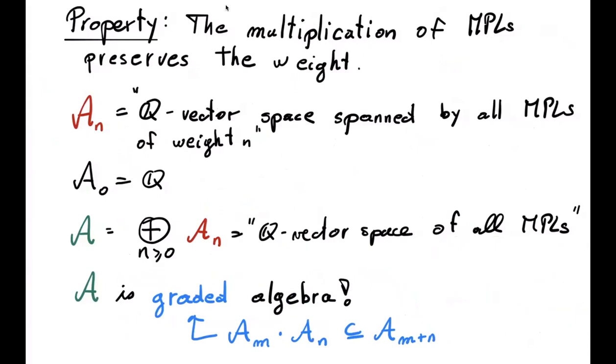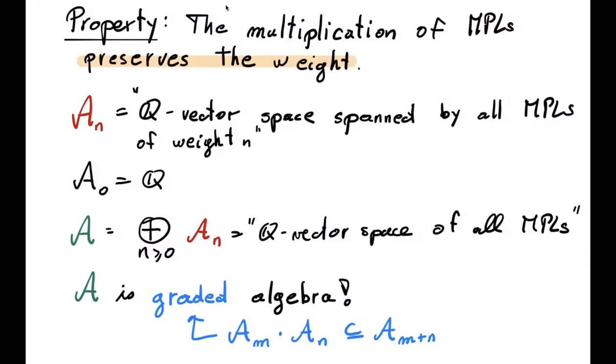So if you have 2 decks of cards, one with 3 cards and the other one with 5 cards, all possible ways of shuffling these decks will always result in decks that have 3 plus 5 equal 8 cards. We can say that the multiplication of polylogarithms preserves the weight.